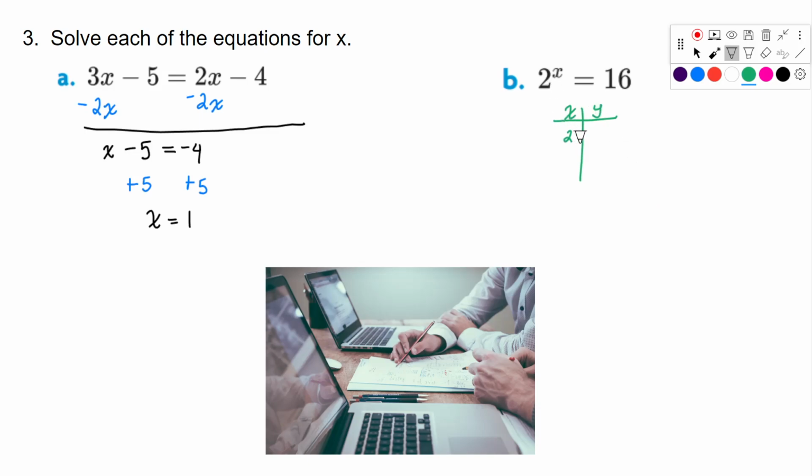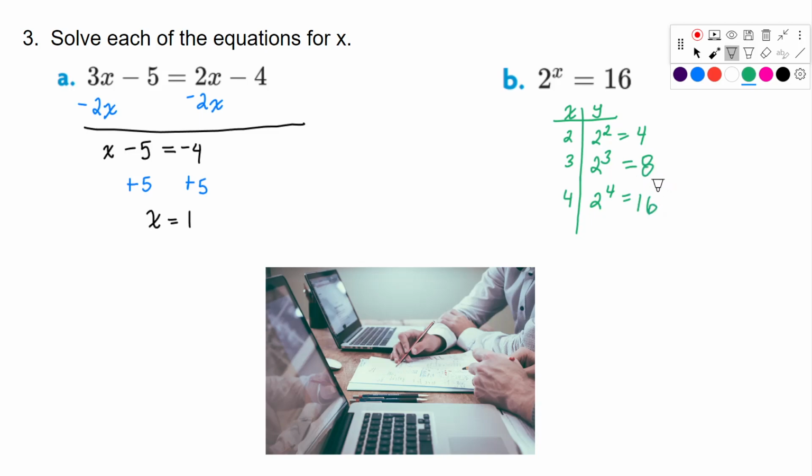So if x were to be 2, we would be checking for 2 squared, which is 4. If I plug in 3 for x, I'm going to be evaluating 2 cubed. Well, that's 8. So let's try 4. That means I'm going to evaluate 2 to the 4th power, which is going to be 16.